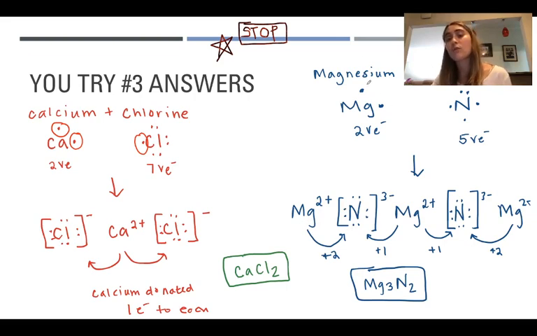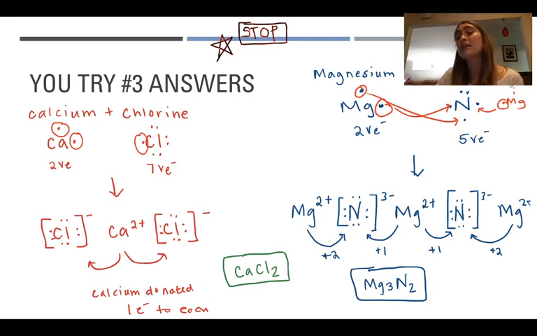So even if we donated these 2 magnesiums here and here to this nitrogen, the nitrogen still didn't have a full octet. So we needed an additional magnesium. But our additional magnesium has 2 valence electrons, and nitrogen only had room for 1 more right here. So we had to find another place to put this one. So we needed another nitrogen, and that required us to get a 3rd magnesium.